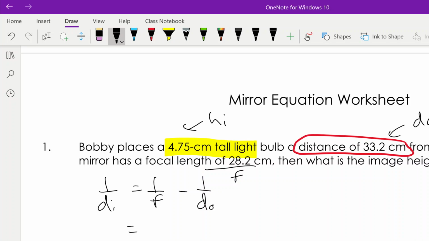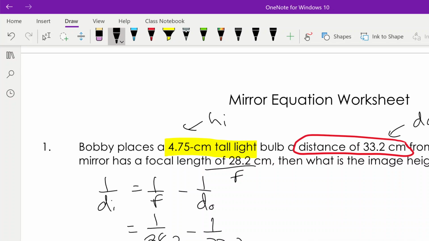So that's going to equal 1 over 28.2 minus 1 over 33.2, okay? And I'll let you work out what DI is from there.